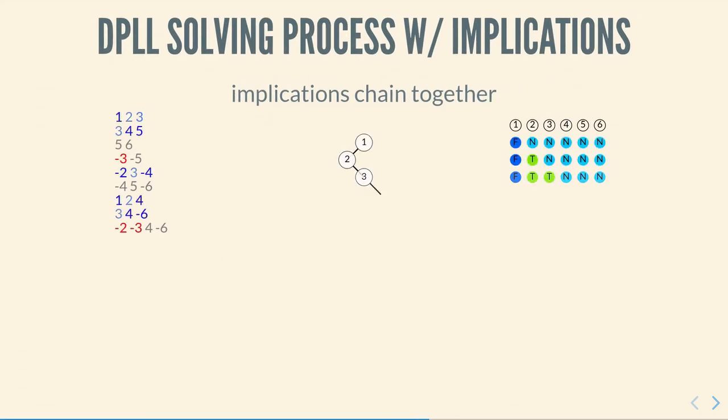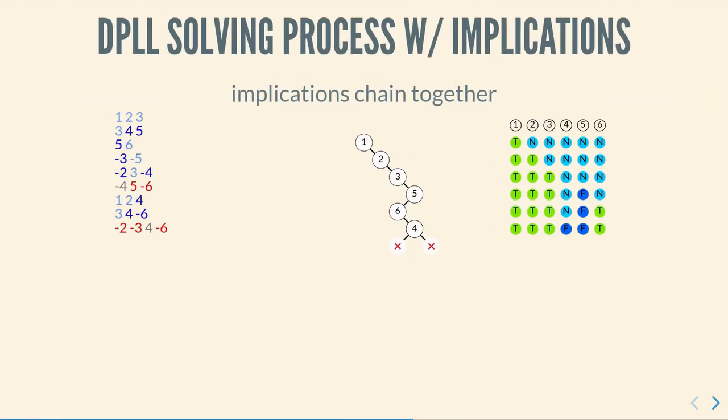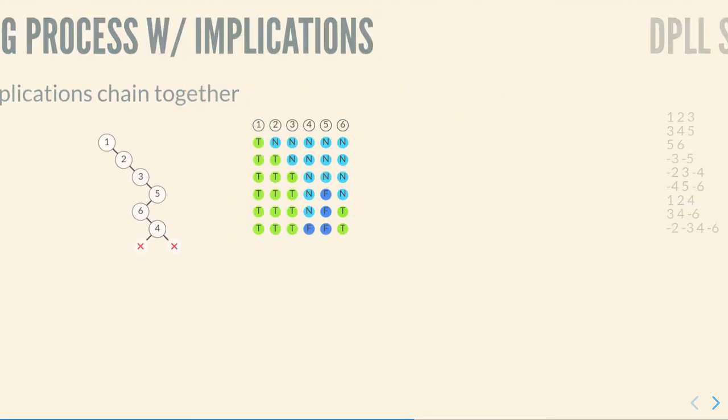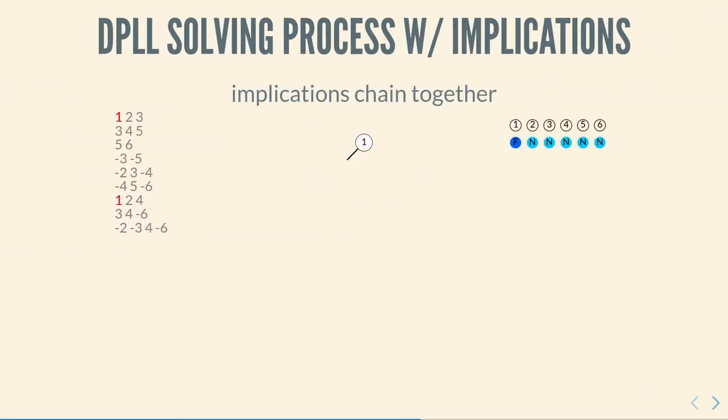Now, the other one is that implications are one of those things where you can have a chain of implications that can be triggered at multiple points in the process, right? So in the previous example, we started by assigning variable 1 to be true, variable 2 to be true, variable 3 to be true, and then implication, implication, implication, contradiction. Now what happens is we're going to trigger the same implication, except instead of assigning variable 1 to be true at the outset, we're going to assign variable 1 to be false. So variable 1 being false, variable 2 being true, variable 3 being true, and then we hit upon the same implication chain.